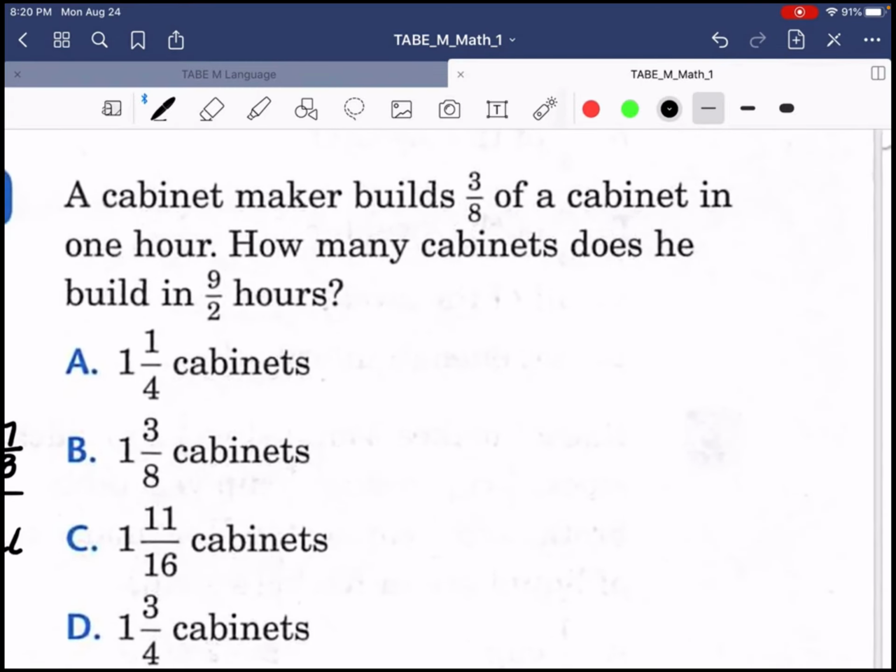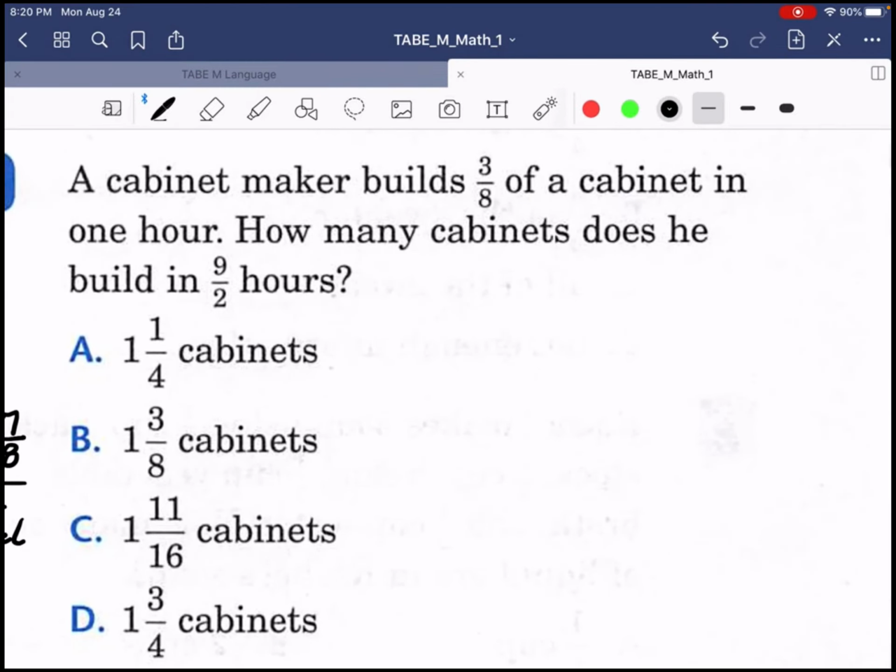Number 6. A cabinet maker builds 3/8 of a cabinet in 1 hour. How many cabinets does he build in 9/2 hours? Well, we do 3/8 of a cabinet, and then he's going to repeat that 9/2 hours. And I don't believe there's canceling that can be done on this one, but we'll check and see. It always pays to cancel if you can.